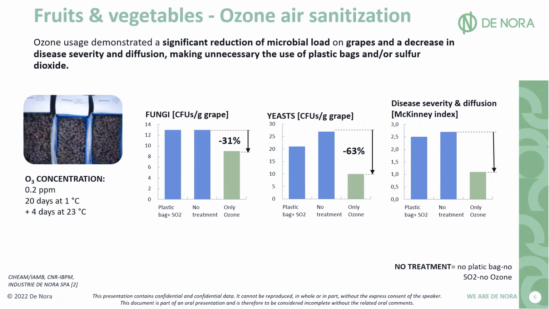As you can see, we have very good results, because we have a decrease in disease severity and diffusion. These results make the use of plastic bags or sulfur dioxide unnecessary. And this happens not only for the grapes that you can sell to the consumer, but also for the grapes that you can use for making wine.